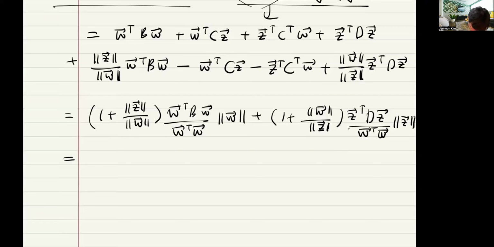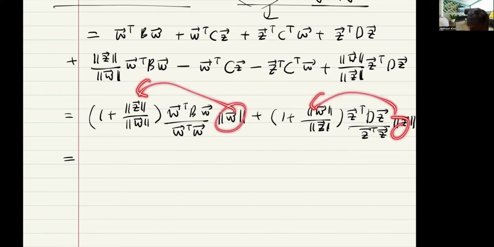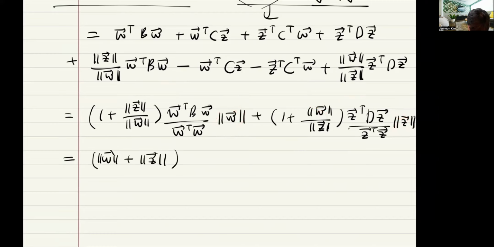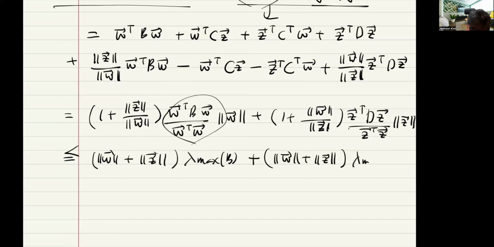So this denominator is actually the same as norm of G and norm of W. And then you move it inside here, then what you get? Norm of W plus norm of G times this is at most the biggest eigenvalue of B and the biggest eigenvalue of D.